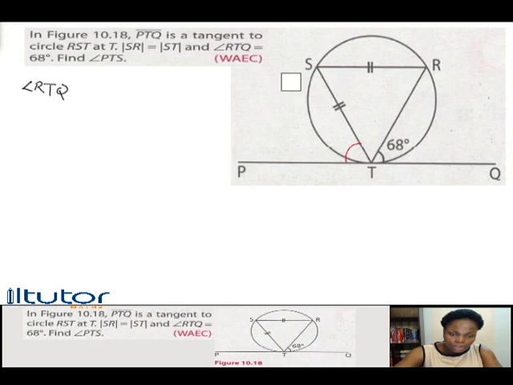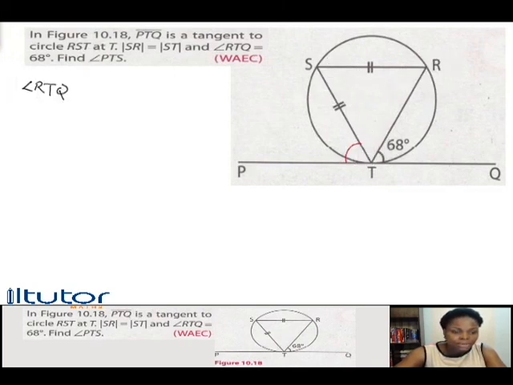So the tangent theorem says that the angle between the tangent to a circle and a chord through this point of contact is equal to the angle in the alternate segment. So the alternate segment is this segment, and the angle that has been formed here is TSR.